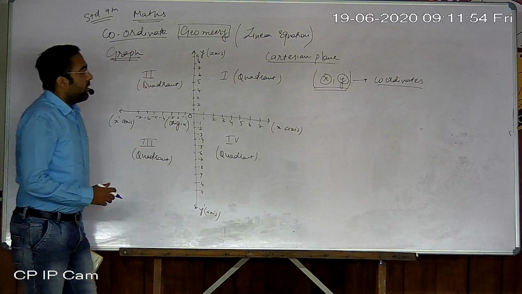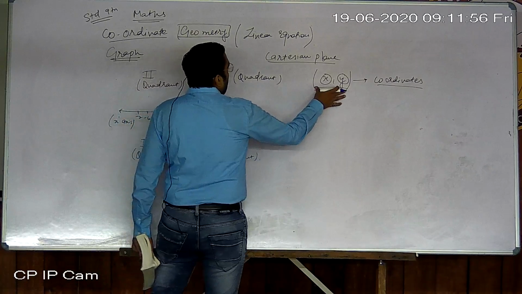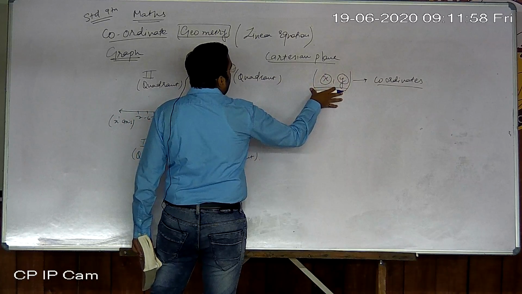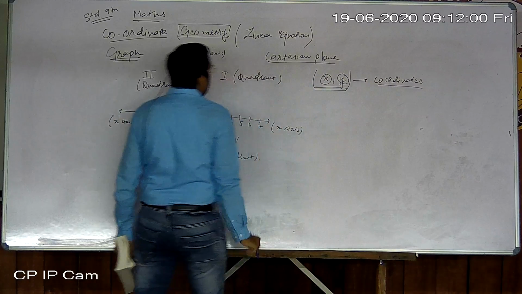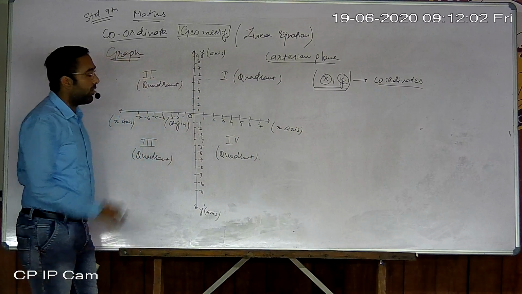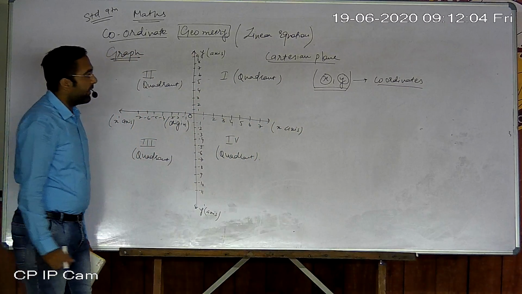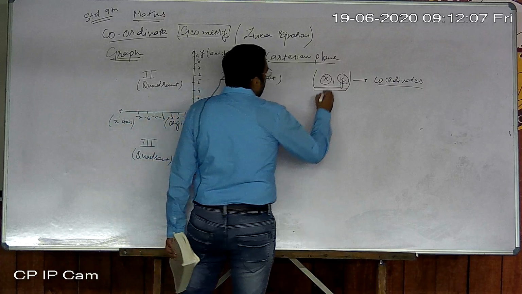So the value of x and y in the whole bracket we call a coordinate for the geometrical part in the graph. Okay. Now what is the value of x?